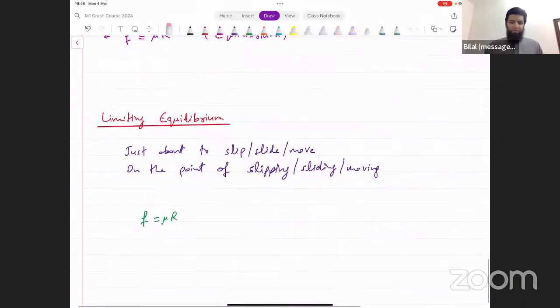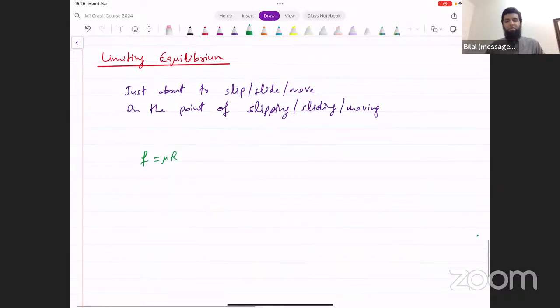And then there were some phrases that we discussed about the description of limiting equilibrium. Sometimes they explicitly tell you that the equilibrium is limiting. At other times, they will use phrases like these: that the object is just about to slip, slide, or move, or the object is on the point of slipping, on the point of sliding, on the point of moving.